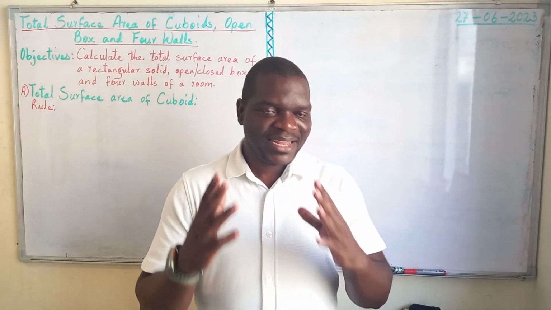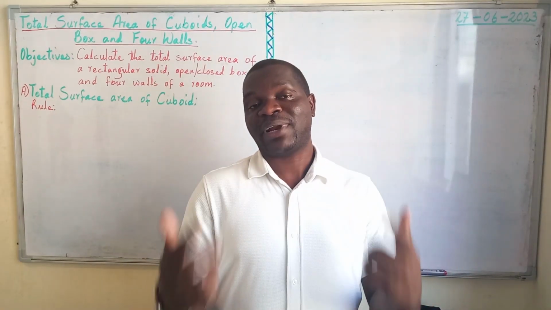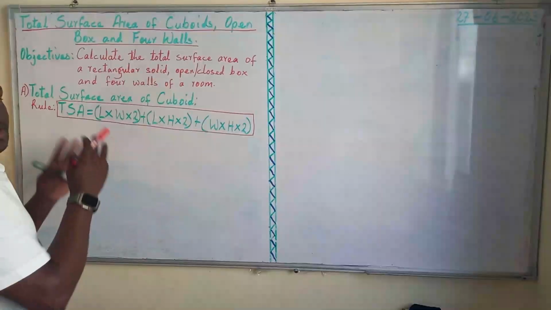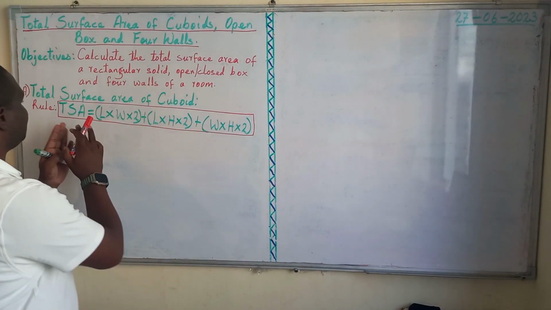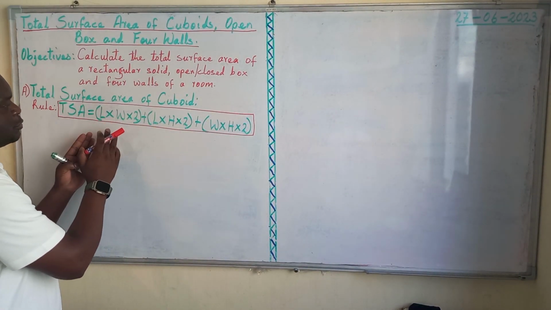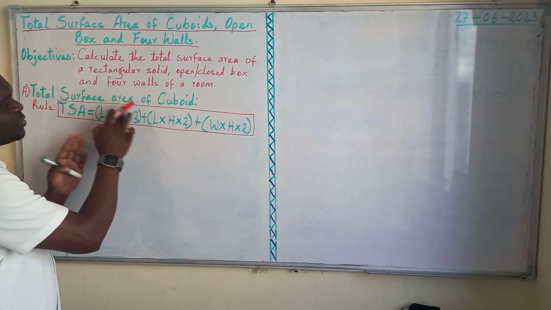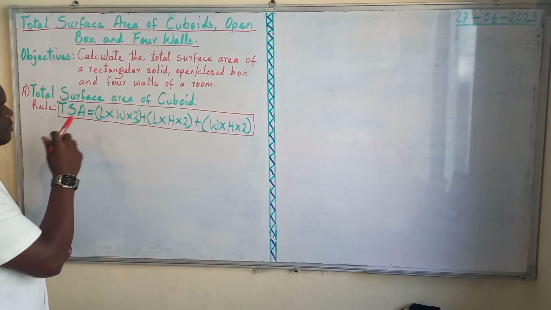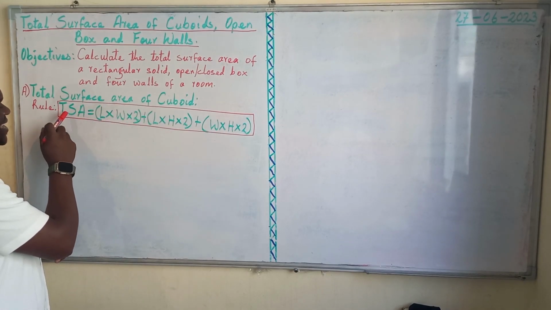This said, let us go straight into solving some practical examples so that you can better understand how to apply the rule. Before we proceed, I just want to explain this rule on how to calculate the total surface area of a cuboid. Permit me to write total surface area as TSA.